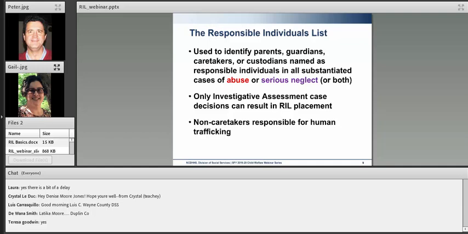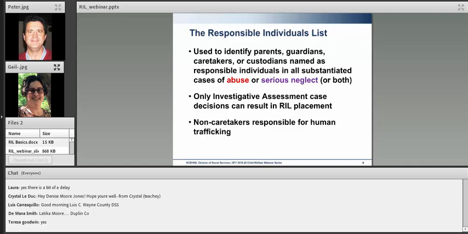Thanks, Peter. Yeah, so caretaker, as you know, encompasses a parent, guardian, custodian, or caretaker. We use that word sort of generally, and anybody who isn't that is a non-caretaker. But with perpetrators of human trafficking, the law changed a few years ago, and so our statute had to change. It really doesn't matter whether the person's a caretaker or not.